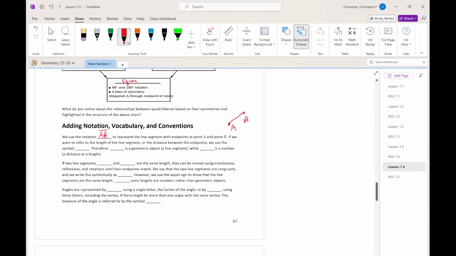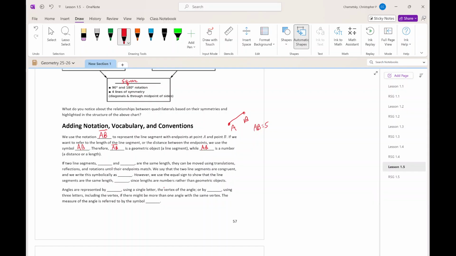However, if we were just talking about how long AB was, like if it was 5 centimeters, we would use the notation of the 2 endpoints but without the bar above it. Okay? So therefore, if you're talking about an actual geometric segment, it's AB with a bar. If you're just talking about a length, it is AB without it.